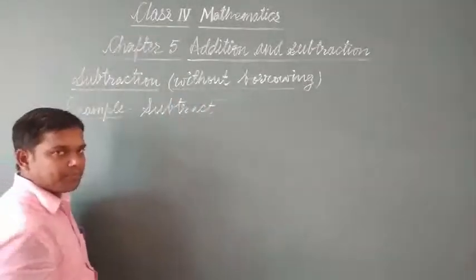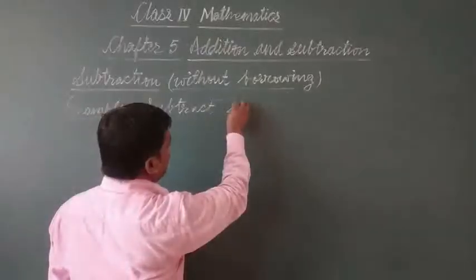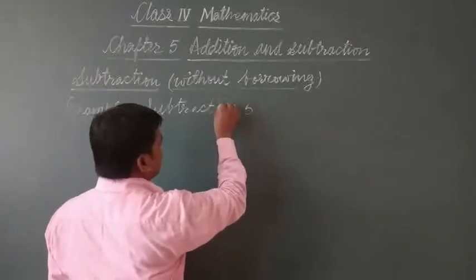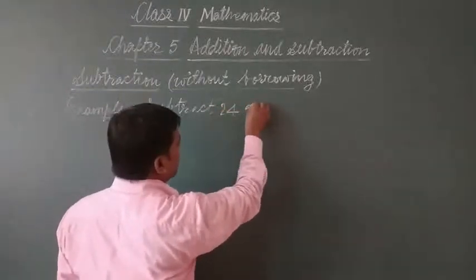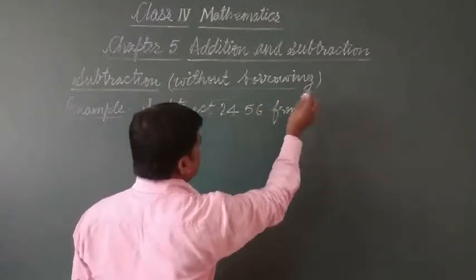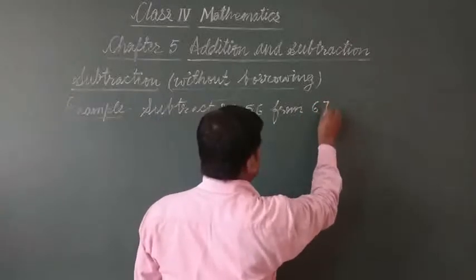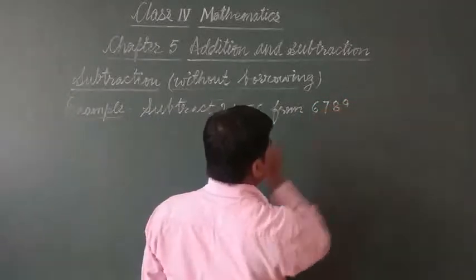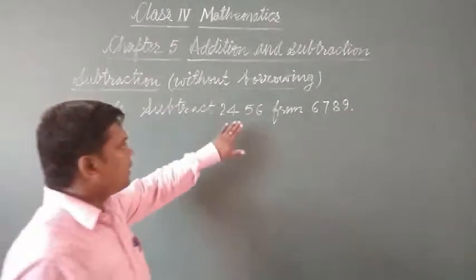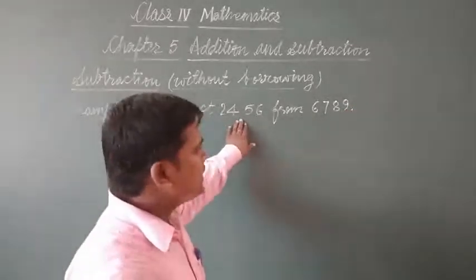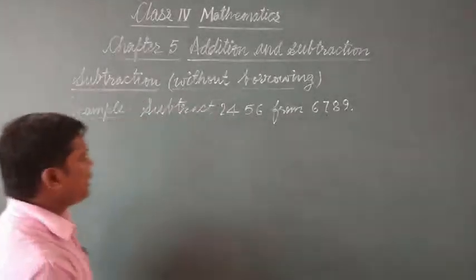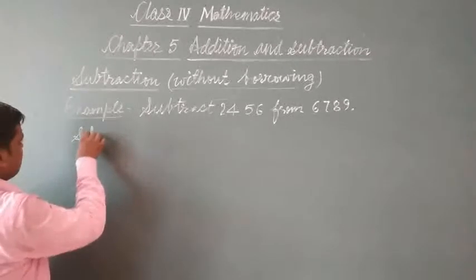Subtract 2456 from 6789. Means we have to subtract 2456 from 6789. So we will write like this: solution.